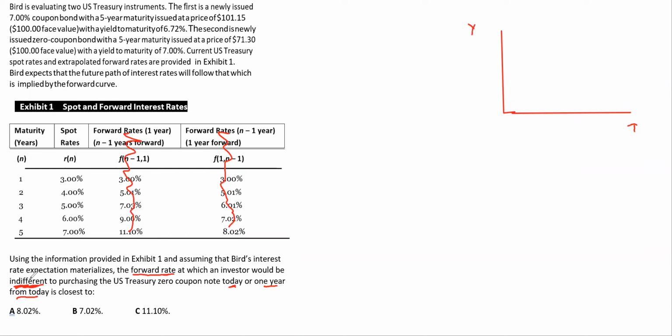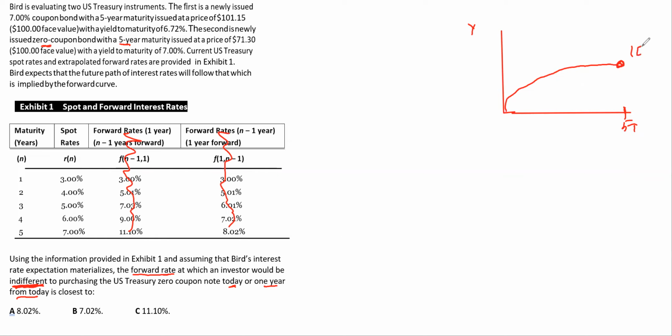So this word indifferent, what does it mean? Referring back to the question, and remember you can pause the video and read it, we're talking about a 5-year zero coupon bond. So we're investing today over a 5-year period, and at the end of that period, what is our ending wealth?